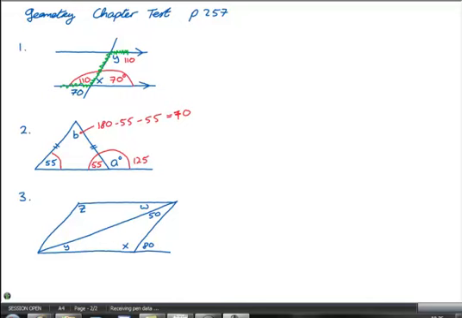Easiest angle there, I think, to work out first of all is what X is. It's 180 minus 80, so it has to be 100 degrees. From there then you can say that Z is 100 because opposite angles in a parallelogram are equal. This angle and this angle would be equal.